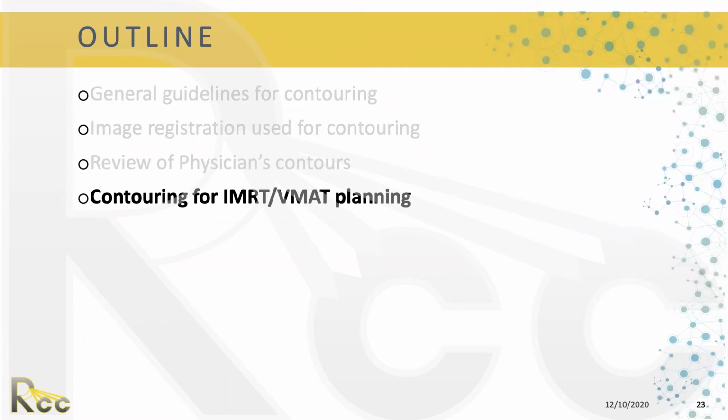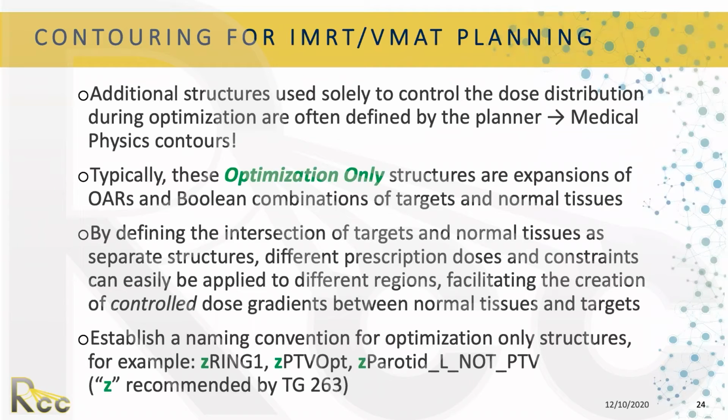because now we're going to the real topic of this talk, the contours that we need for IMRT and VMAT planning. If you start with bad contours, and we're going to be creating optimization-only contours from this, then you really need to make sure that they're good.